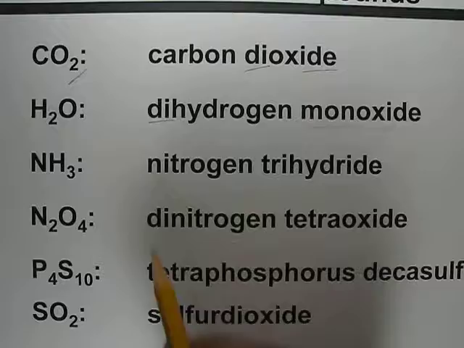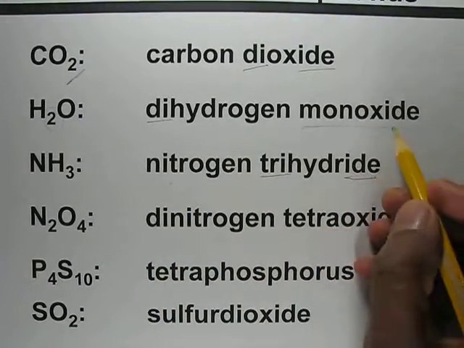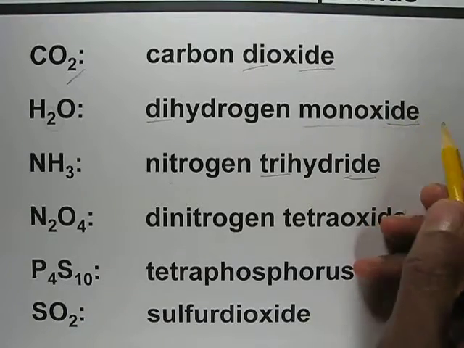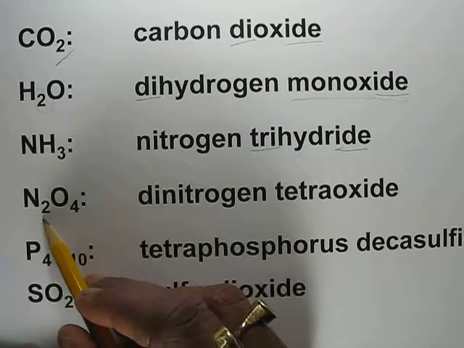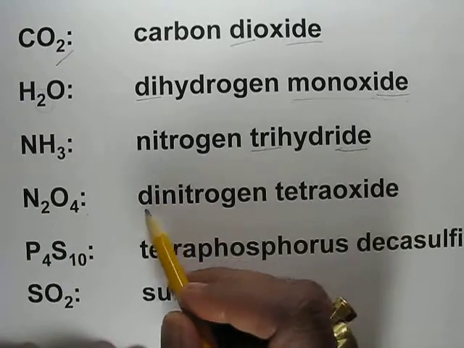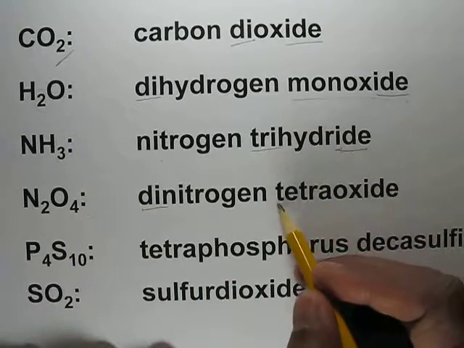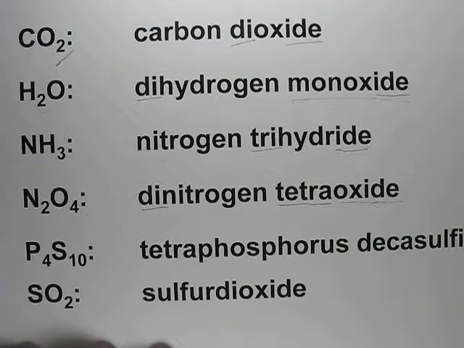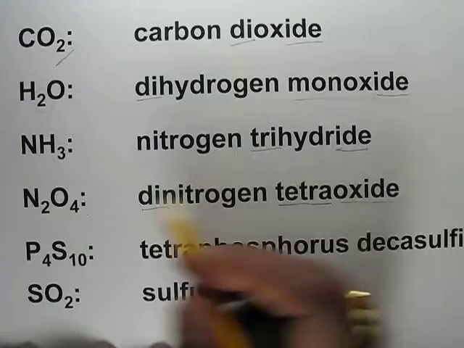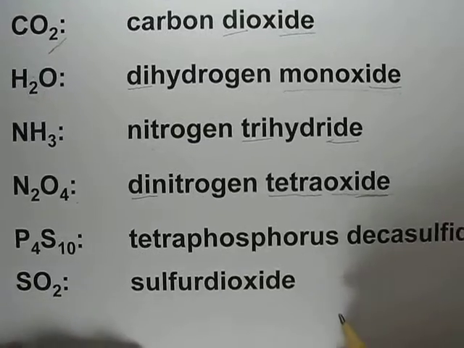And then nitrogen trihydride. You can see at the end of every molecule name there is an ide. Then here there are 2 nitrogens and 4 oxygens, so the di prefix is used to denote the 2 nitrogens, and tetroxide is used for the 4 oxygens, with ide at the end.